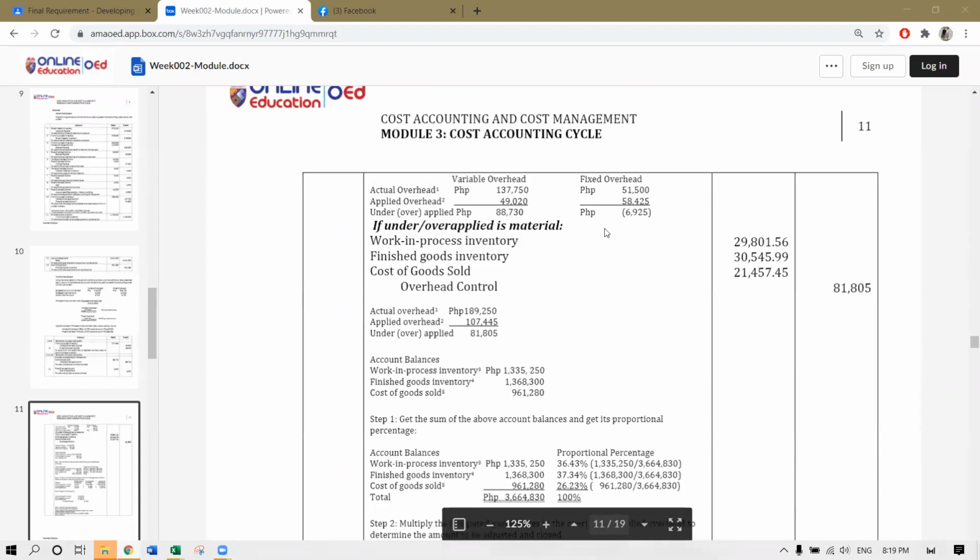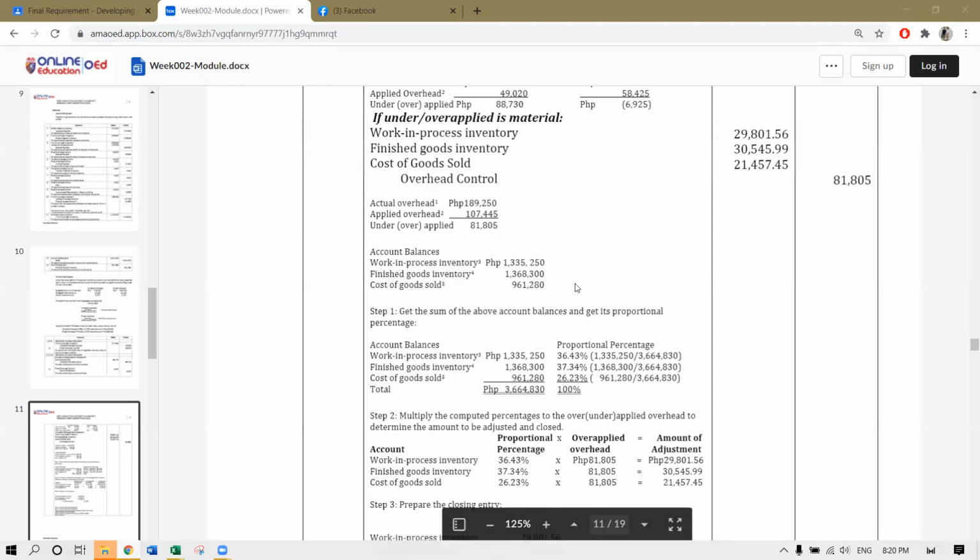When it is material, what you do is allocate it based on the ratio for work in process, finished goods, and cost of goods sold. The ratios are computed by dividing each by the total.